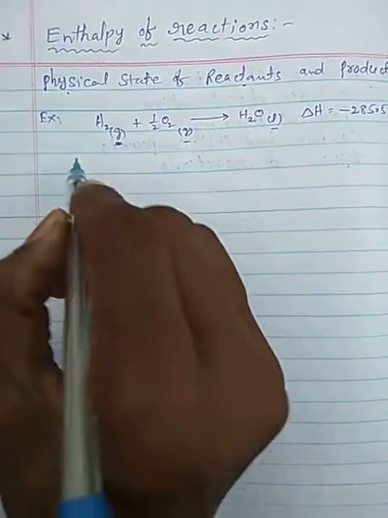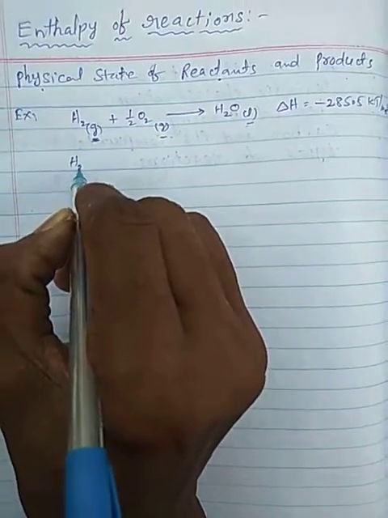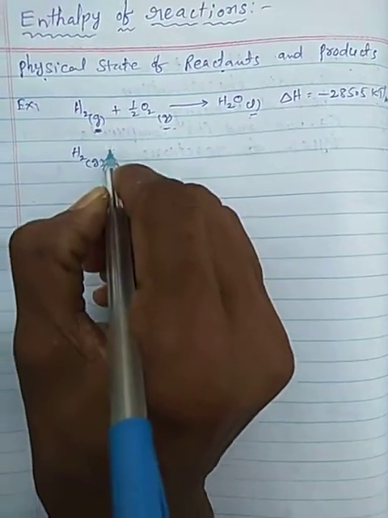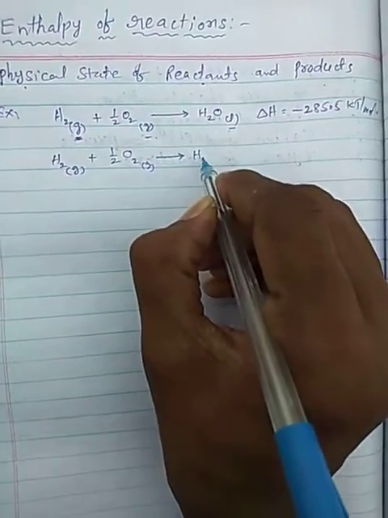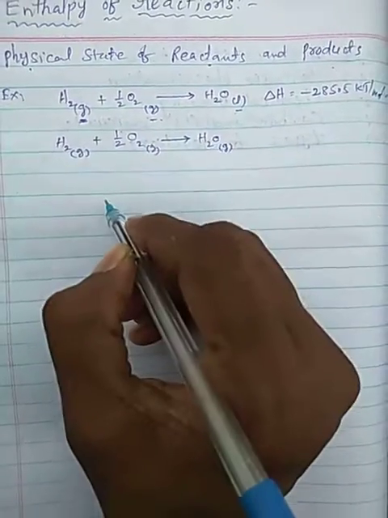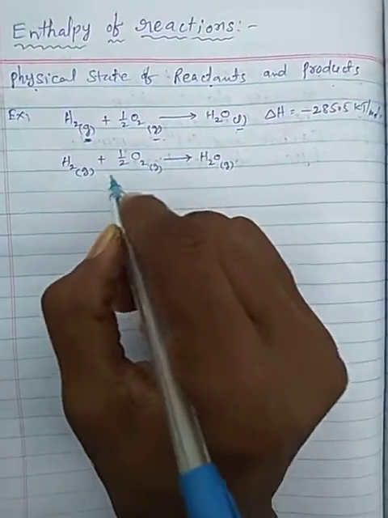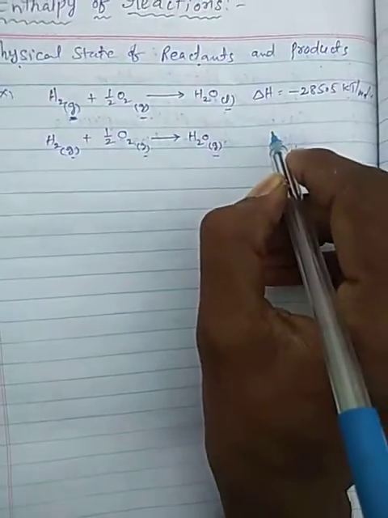Now if we see one more example, it is the same reaction but with a different physical state: H2 gas plus 1/2 O2 gas to form H2O also as gas. Now all the reactants and products are in the gaseous state.